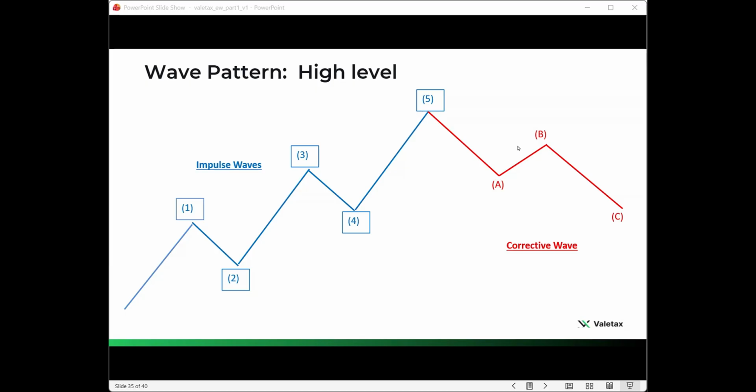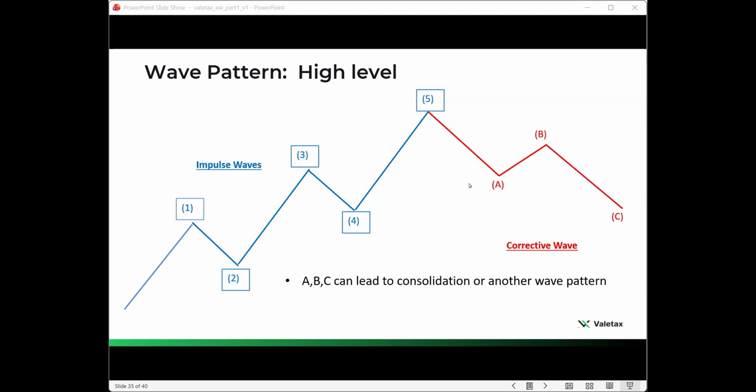You get an A pattern here, B pattern here, and then C pattern here, and that typically is the pattern that you're going to see. Okay. And what happens is after the five wave, either this is going to consolidate, or it's going to start a trend reversal. So what it could be is a complete reversal where this could go down.